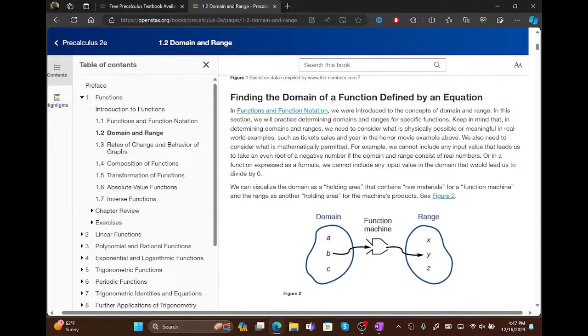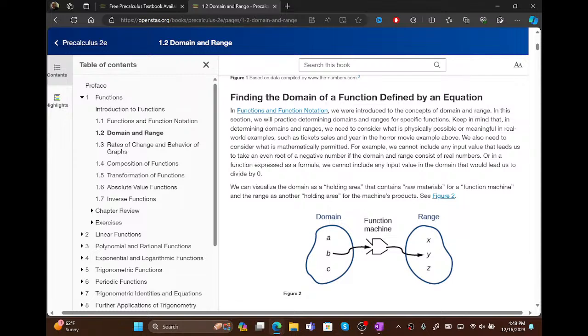But yeah, so if the domain and range consist of real numbers, it says, for example, we cannot include any input value that leads us to take an even root of a negative number if the domain and range consist of real numbers. So, like I said, if they're supposed to be real numbers, then there shouldn't be a value that is not a real number for domain and range.